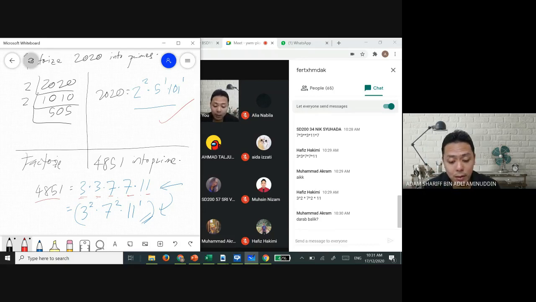Lagi teruk, the worst case is that they divide it by non-prime. Divide it dengan composite lagi lah salah. Jangan divide dengan composite, divide dengan prime, because again kita nak cari prime factor. So when you multiply this back, 3, 7, 11, you will get 4851.